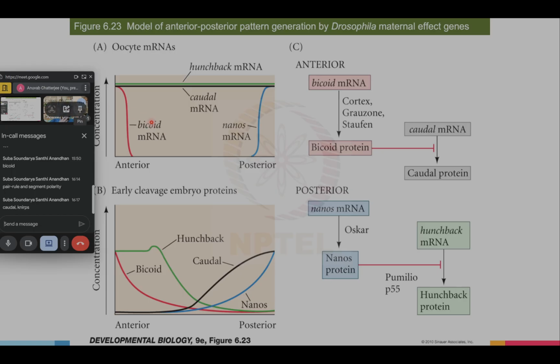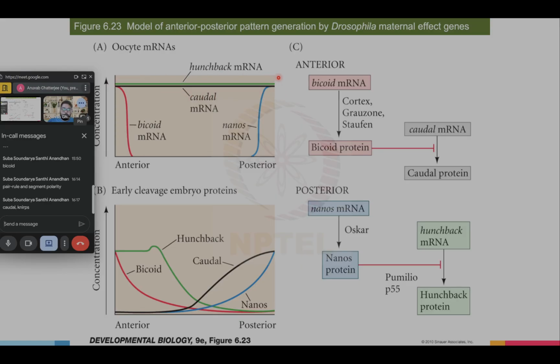So hunchback, being a gap gene, helps in the formation of the anterior region. There is caudal, which is another gene which helps in the posterior region. So initially, as we know, bicoid and nanos mRNAs are very narrowly localized at the anterior and the posterior respectively. But hunchback and caudal mRNAs are diffusing throughout the entire cytoplasm.